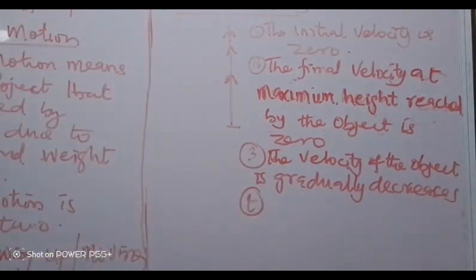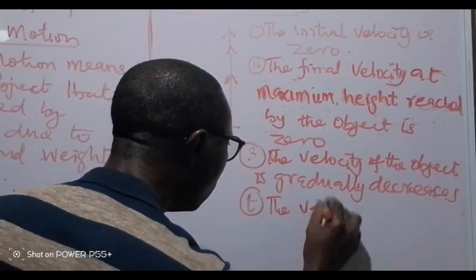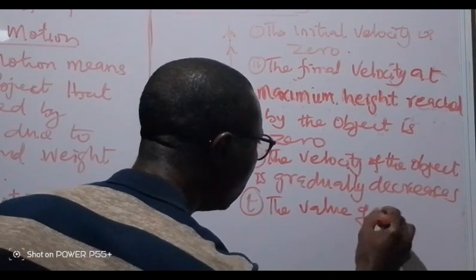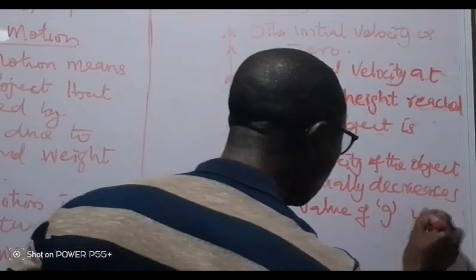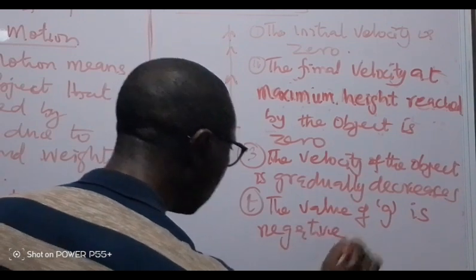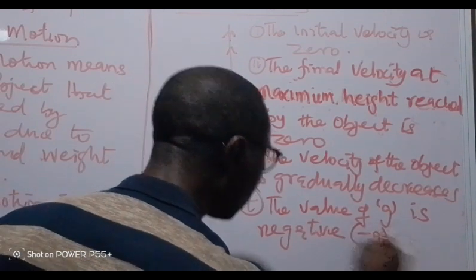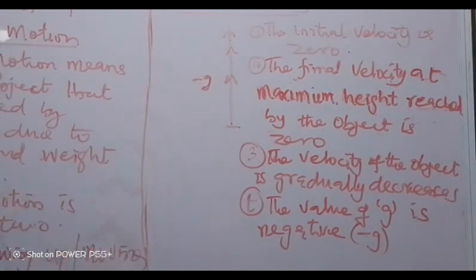Number 4, since the velocity is decreasing, and don't forget our topic is acceleration due to gravity, the value of g, that is the acceleration due to gravity, is negative. That is, it will take a minus sign. So we have minus g when the object is moving up.